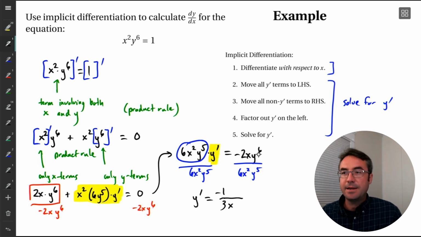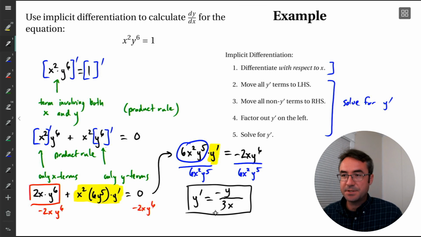And then here I have 6 y's on the top and 5 y's on the bottom, so I could cancel out 5 of the y terms. So I'm left with just a y on the top. So if we simplify this down, we end up with negative y over 3x. So again, not absolutely necessary to simplify things down like this, but it can be helpful. So we end up with our derivative y prime is negative y over 3x.